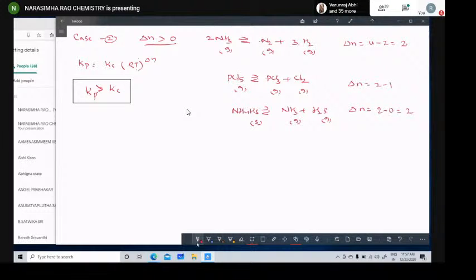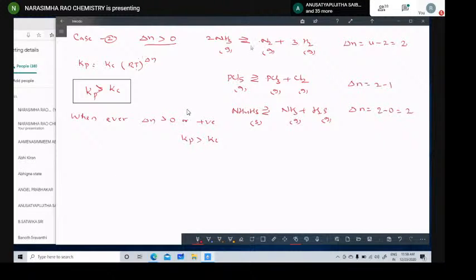Note this point. Whenever delta n is greater than 0, or positive, Kp is greater than Kc. These are all cases.